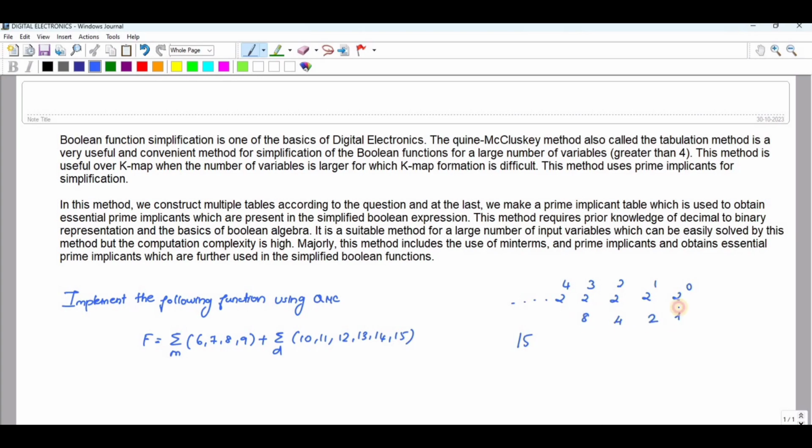Anything power 0 is 1. So 8 plus 4 is 12, 12 plus 2 is 14, 14 plus 1 is 15. So a 4 digit binary number is required.